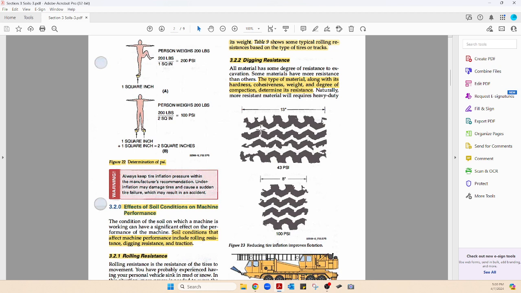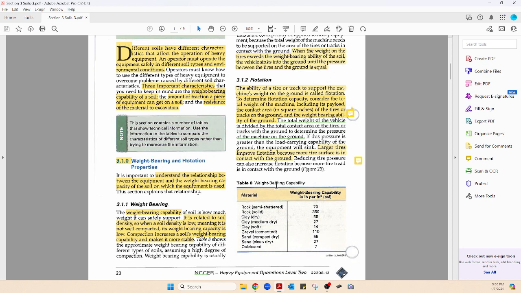But let's keep talking, okay, so the ground is called for. To determine the capacity, consider the total weight of the machine, which we have at 110,000 pounds now, including its payload, the contact area in square inches, which is 624 square inches of the tires or tracks on the ground, and the weight bearing ability of the ground.